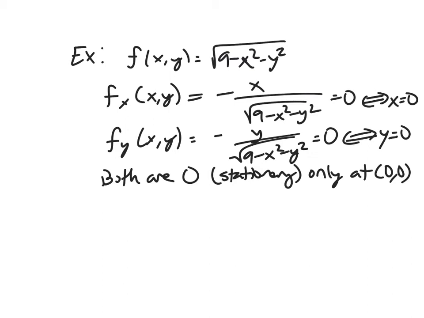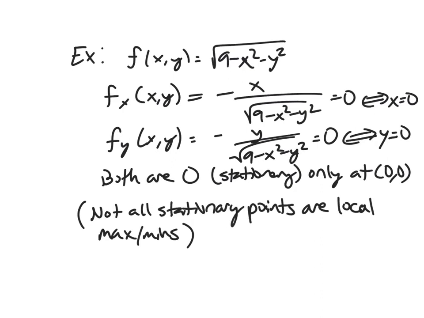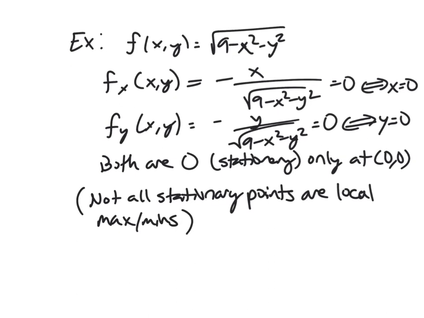But this isn't justification, right? We have the same issue that not all stationary points will give us a max or min, and we will see an example of that with our next example. But first, let's also look for other points. The other issue is that things on the circle of radius 3 do lie in the domain.